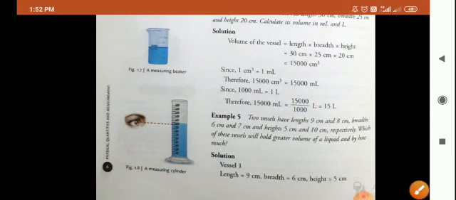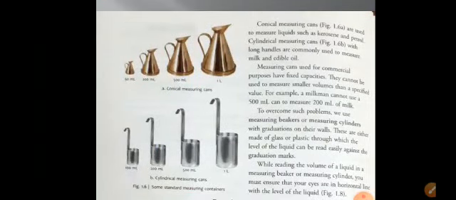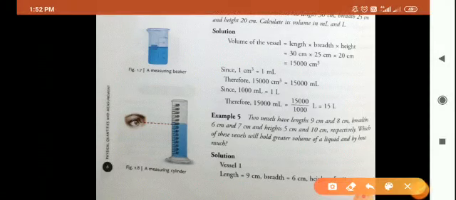And you have to calculate the volume in ml and liter. So volume of the vessel, as you know the formula, is given as length into breadth into height. So simply you will put the value, because it is a vessel, it must be cuboidal in shape. So you have to apply the formula length into breadth into height. You put the value, calculate, and you are getting this value.